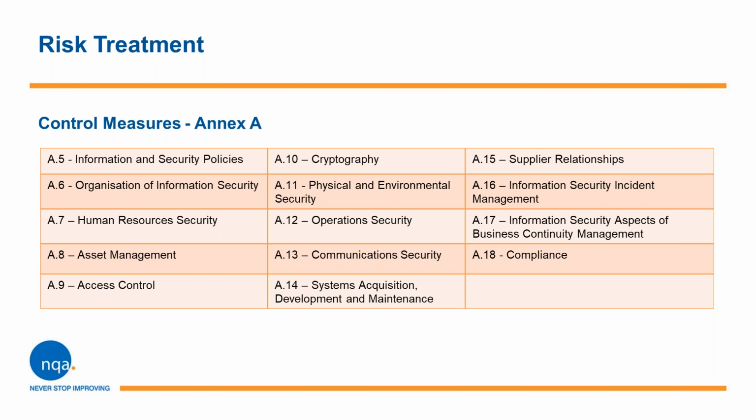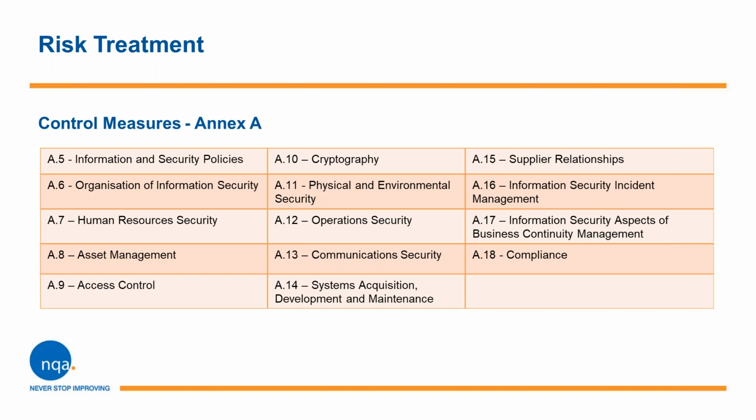Okay. A8 is asset management, which are controls related to inventory of assets and acceptable use. Also for information classification and also media handling too. A9 moves on to access control. Now, this is the controls for the access control policy, user access management for systems and application access control, and also user responsibilities.